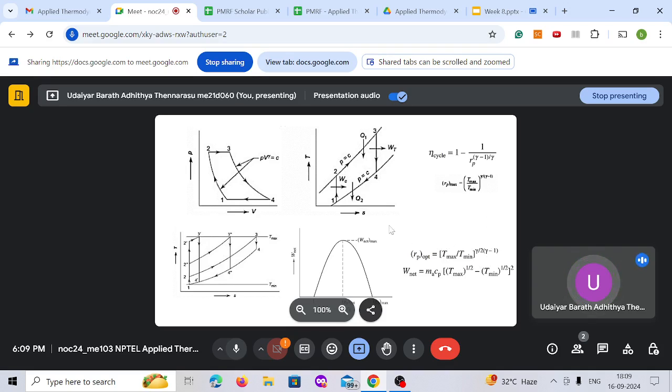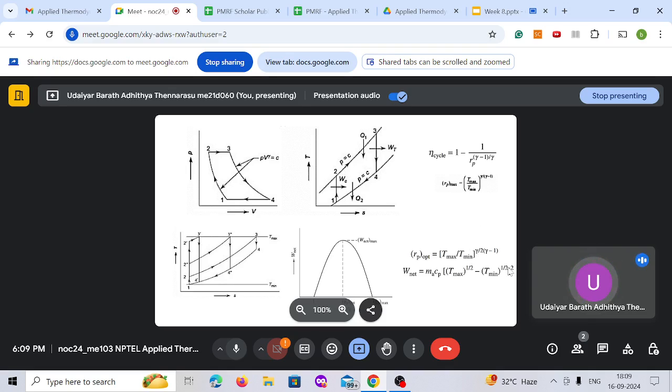This is nothing but you write an expression for W net, which is your work generated during expansion minus your work given in compression. And when you differentiate this with respect to the compression pressure ratio, which is P2 by P1, you obtain the expression, which is T max by T min raised to power gamma by 2 gamma minus 1.